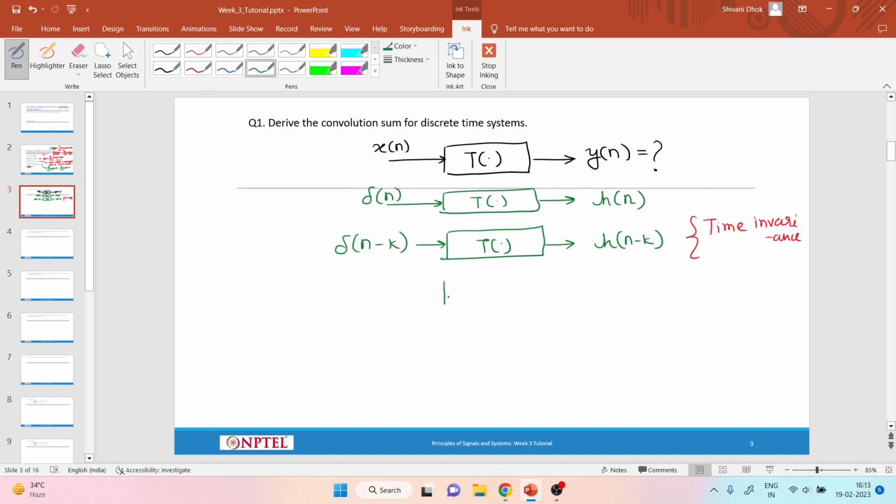Then let us multiply this by x of k, and this will give me x of k h of n minus k. So here we are exploiting the homogeneity property. So this is homogeneity.